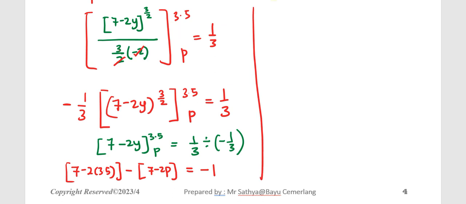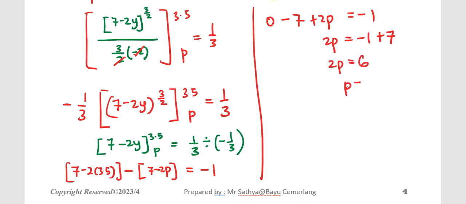And then, this one when you solve 2 times 3.5 also 7. 7 minus 7 is 0 lah. 0 minus 7. Okay, minus 7. And then minus positive 2p lah. Equal to negative 1. So 2p is equal to negative 1 plus 7. Okay, plus 7. So 2p is equal to 6. So p is equal to 3. Yeah, that is our answer.